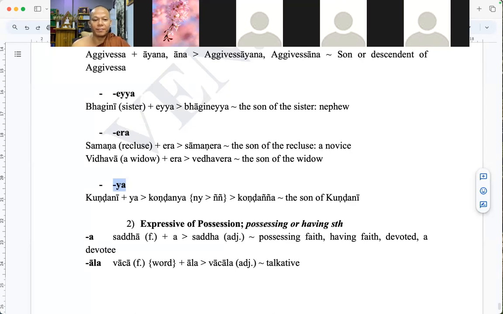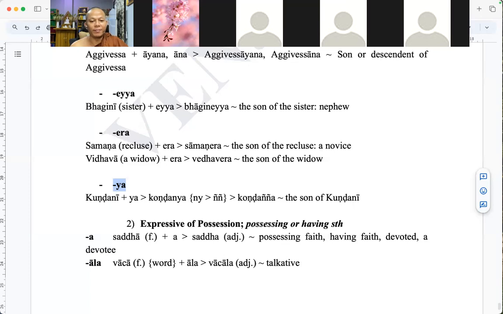For the situation of descendant, Bante, will it also be in masculine, or will it be in the gender of the word? Yes, the descendant may be son or daughter, so based on the reference word it can be in three genders actually.